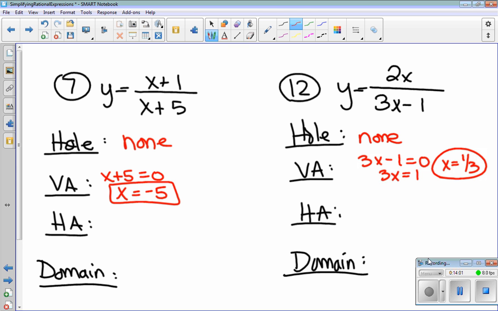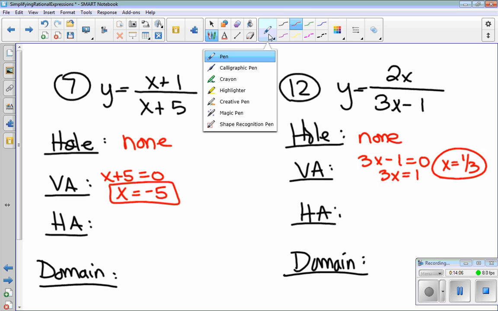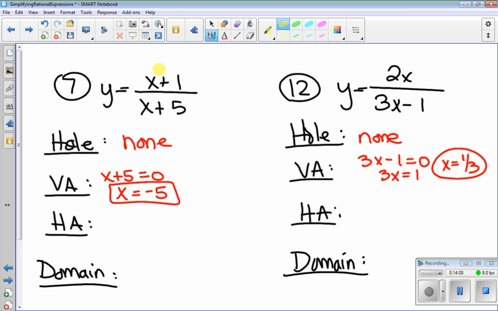All right, let's look at horizontal asymptotes. This is a special case because we're looking at the degree of the top and the degree of the bottom. If you look at the degree of the top, in both of these cases, the powers are 1. They're the same. So when that happens, your asymptotes are the numbers in the front.